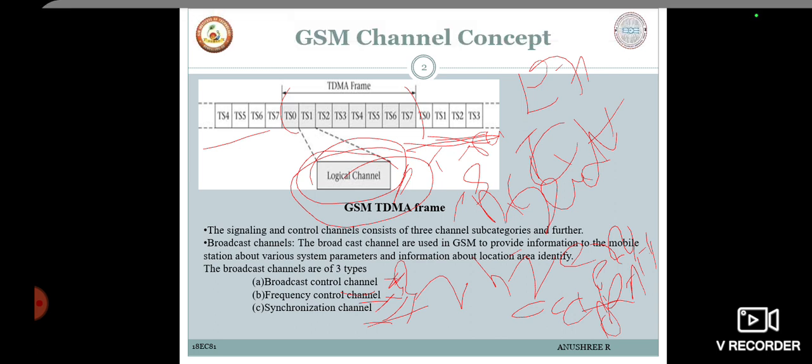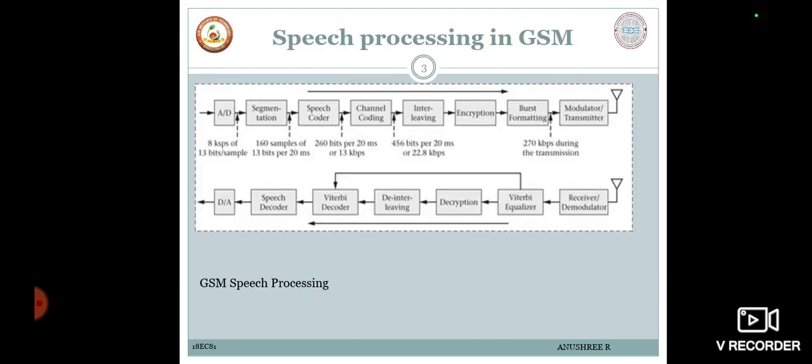Now moving on further, we are going to study speech processing, how the speech processing is going to happen. The block diagram shown here depicts the process that happens in speech processing.